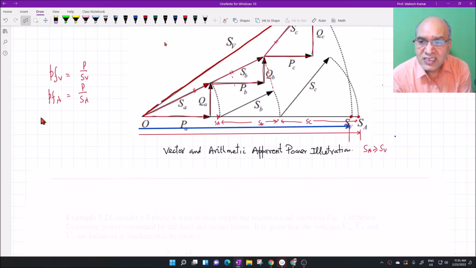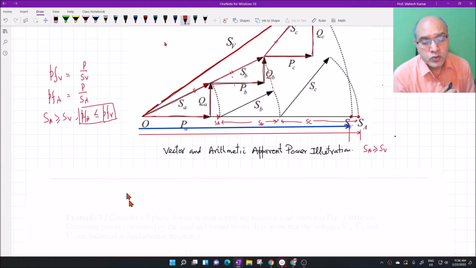Obviously, since SA is greater than or equal to SB, the arithmetic power factor is less than or equal to the vector power factor.